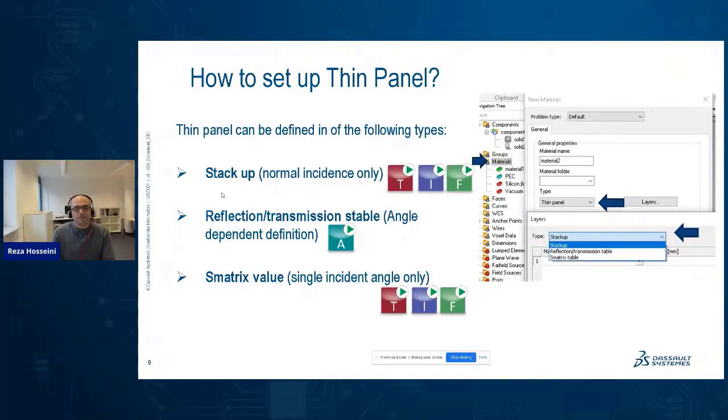Stack up mode works for normal incidence. We have a reflection and transmission table, which is for angle-dependent definitions, and it can be angular-dependent in the asymptotic solver. And the S-matrix is also for a single incident angle only, so it works for one angle.